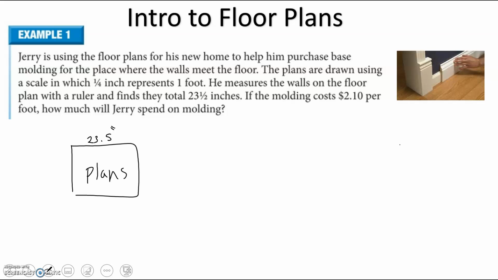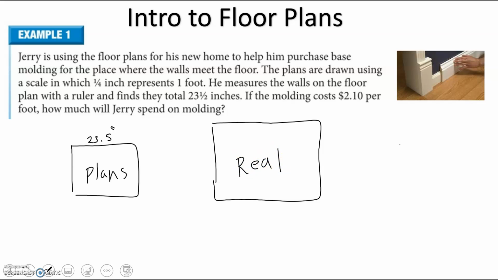In real life, the actual wall is much larger, right? We don't know how large, so let's call it X. So this wall here is 23.5 inches on the plan, and in real life, it's X feet long.